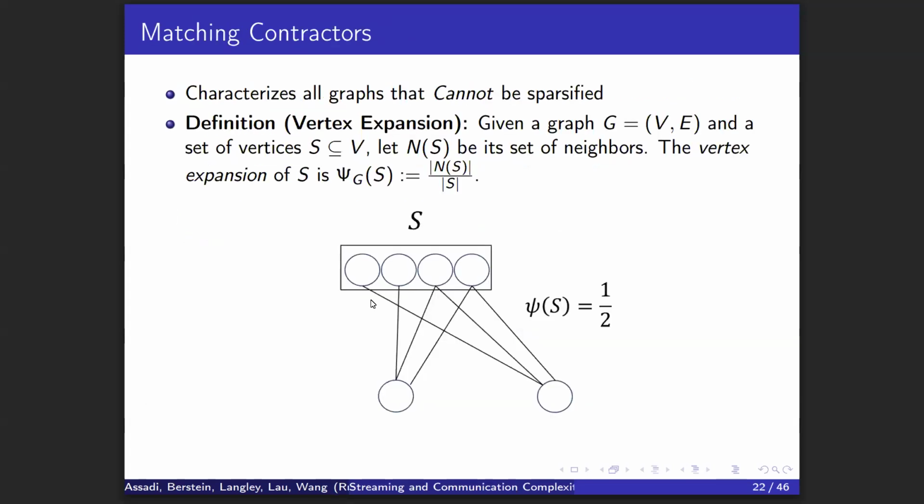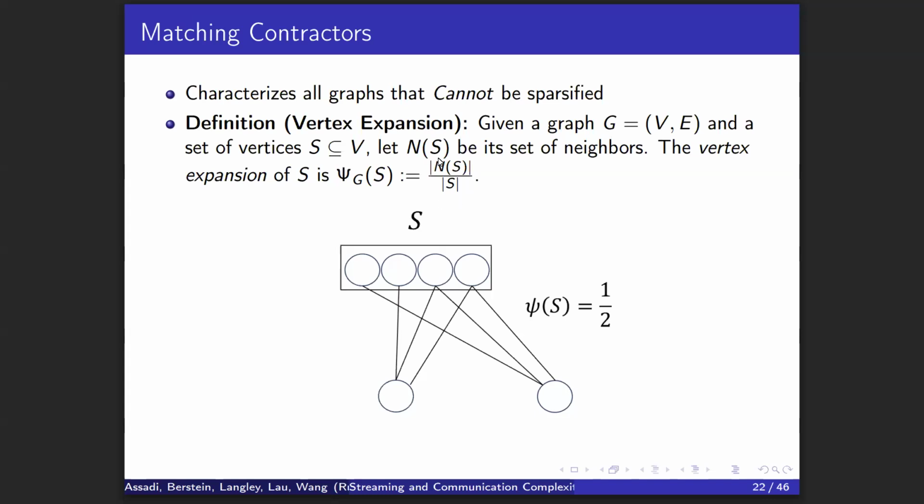And the way that we show this equivalence is through a new combinatorial object we define and construct called matching contractors. Essentially the idea is that these graphs exactly characterize the set of all graphs that cannot be sparsified. So in order to define a matching contractor, I will first define vertex expansion.